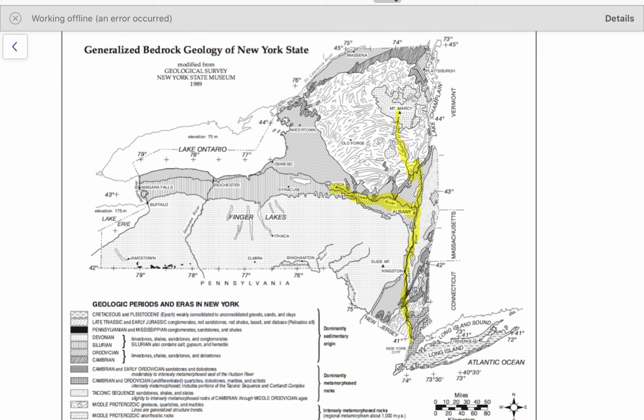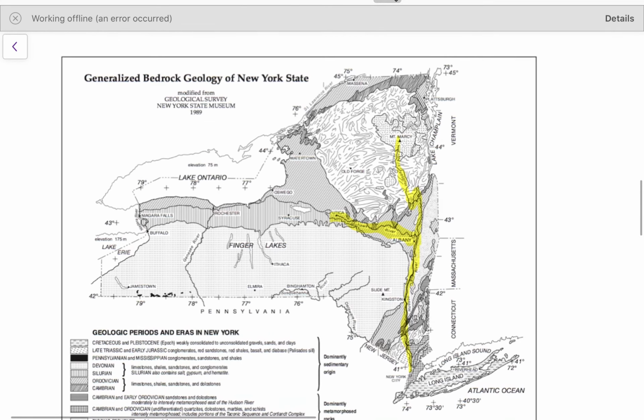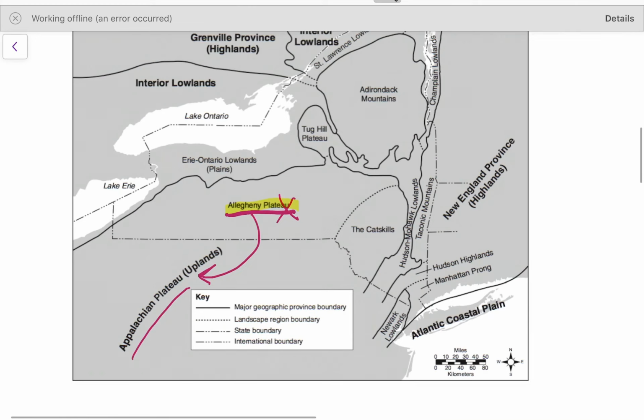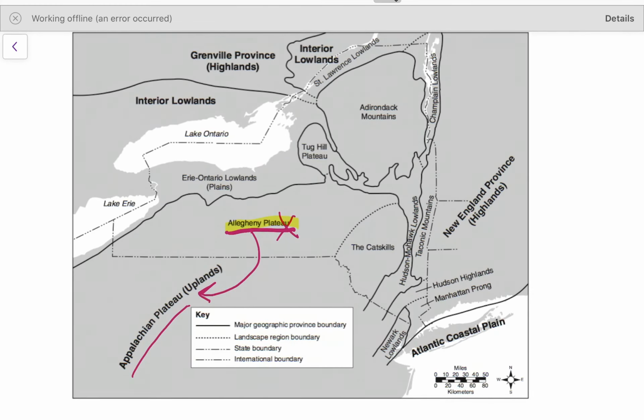Let's try to figure out where this area is on the map on page 2. I would say that the Mohawk River was about here, and the Hudson River flowed from about here down through this area.